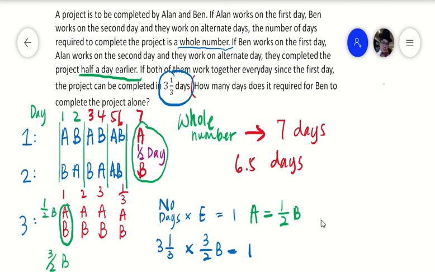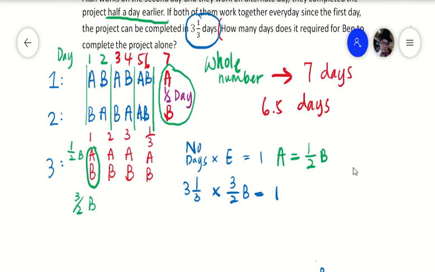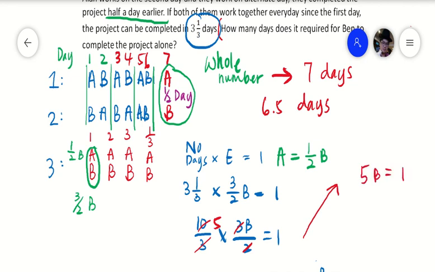By solving this, we have 10 over 3. 3 times 3 is 9, plus 1 is 10, times 3B over 2 is equal to 1. Simplify this, we have 5.